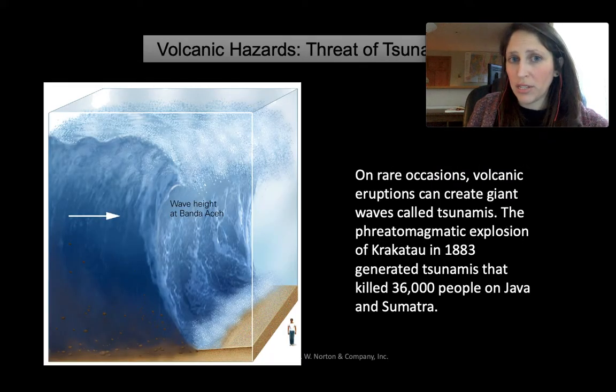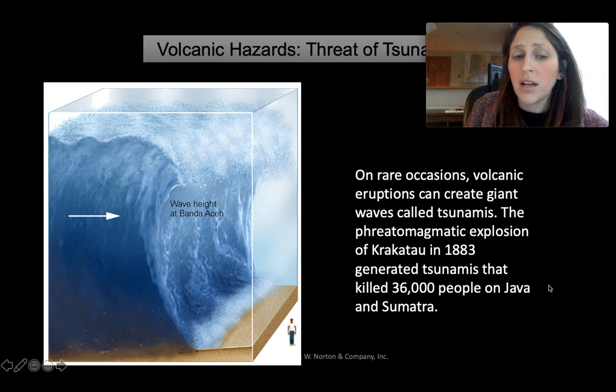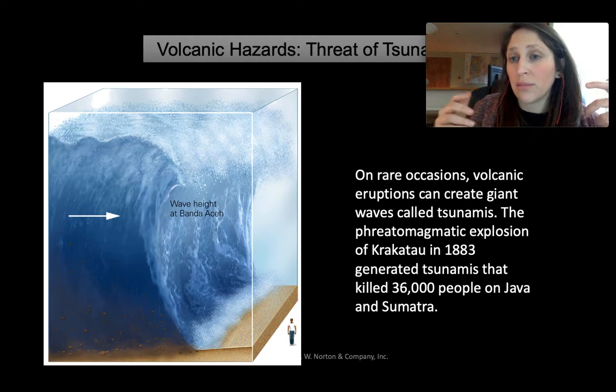You also have tsunamis. So again, when you have these giant volcanic eruptions, they can sometimes create tsunamis. This is from earthquakes usually. So sometimes volcanic eruptions can trigger an earthquake, which can trigger a tsunami.